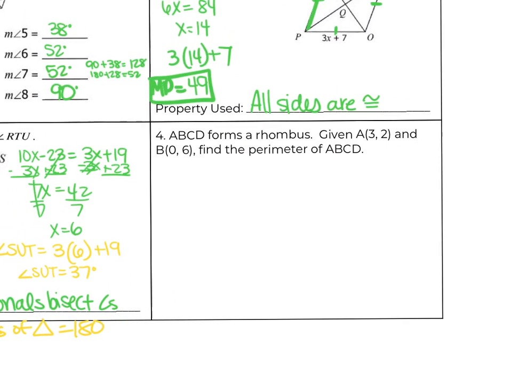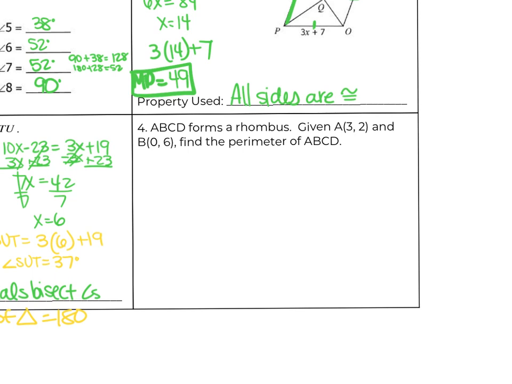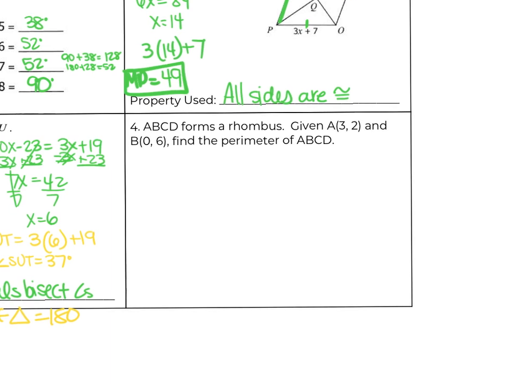All right. ABCD forms a rhombus. Given A is at (0, 2) and B is at (3, 6), find the perimeter of ABCD. So ABCD is a rhombus, so we know all the sides are congruent. First thing is we need to get the length of AB.